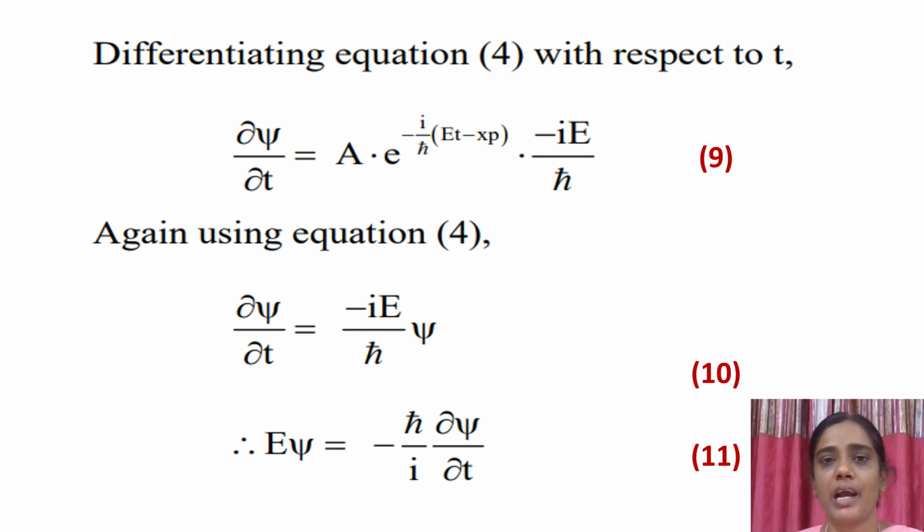A e power minus i by h cross (Et minus xp) is nothing but psi. Therefore, that term is replaced with psi. Therefore, we get dou psi by dou t is equal to minus iE by h cross into psi. Now, we keep E psi alone on one side and bring the rest of the terms to the other side. So it becomes E psi is equal to minus h cross by i dou psi by dou t.